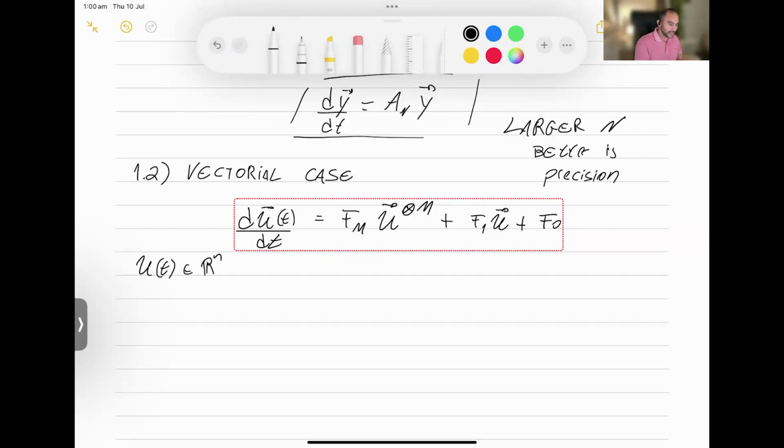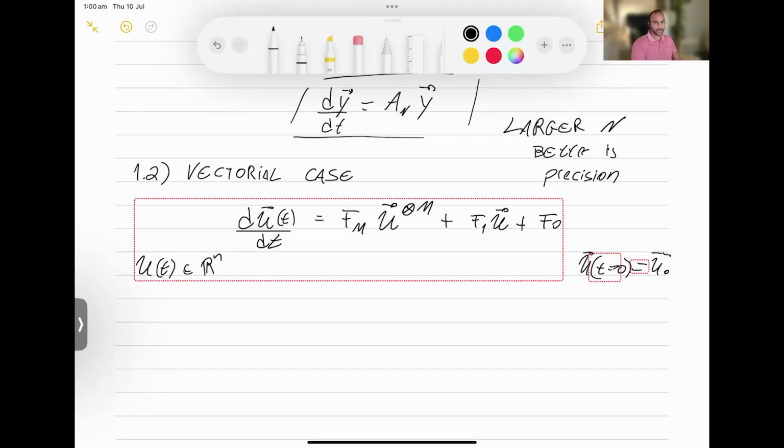So it's a different starting point. And again, u(t) at t equals 0 gives u0, just to have an initial condition here.